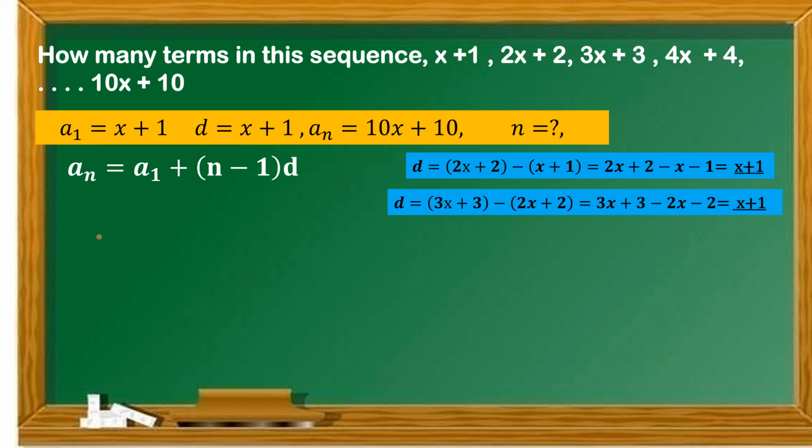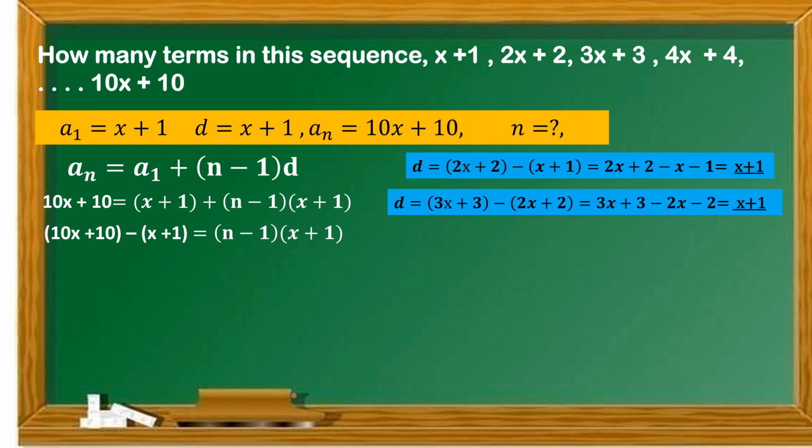So let us proceed. Using the formula, a sub n is equal to a sub 1 plus n minus 1 times d, let us now substitute. Our a sub n, 10x plus 10, is equal to our a sub 1, which is x plus 1, plus n minus 1 times our common difference, which is x plus 1.